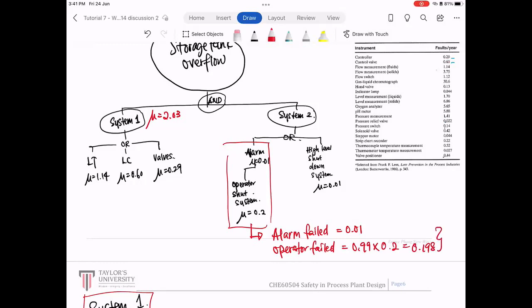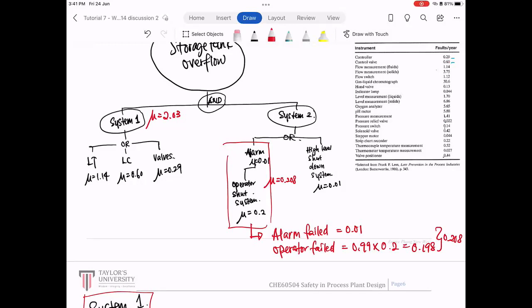So these two add up, plus 0.01, we get 0.208. So the mu here is actually 0.208. This is how we calculate, because this is a direct line down.